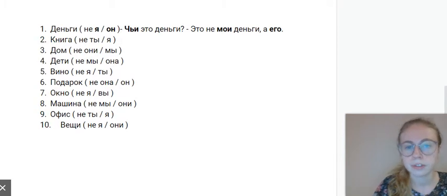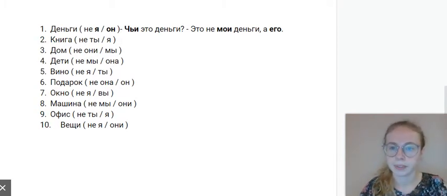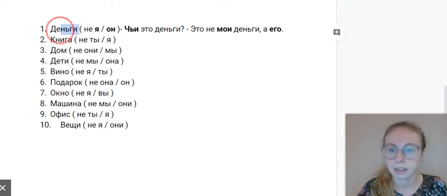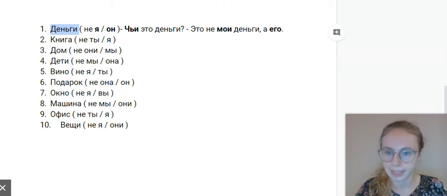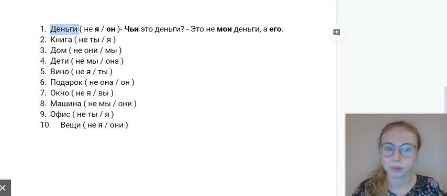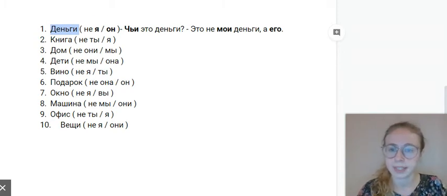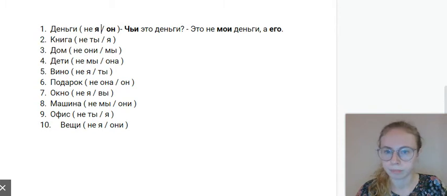Okay, so the first one is an example. You can see the noun деньги. Деньги means money. In Russian, деньги is plural. Деньги, они. And in the brackets, you can see не я, он. This is how we're going to do it. First, you ask a question.